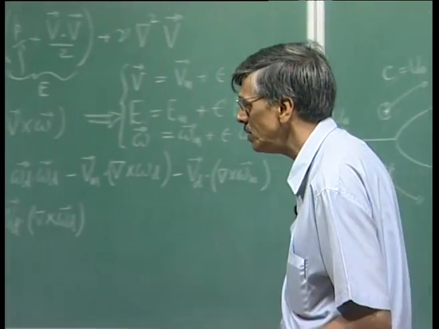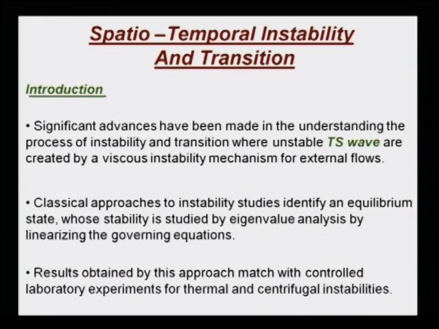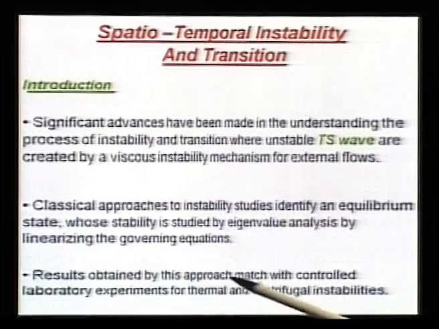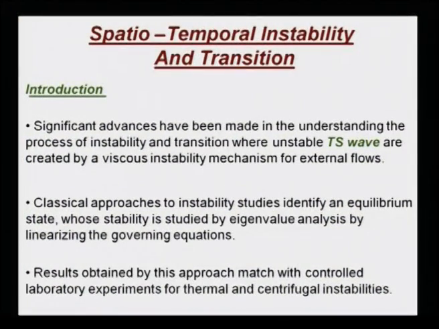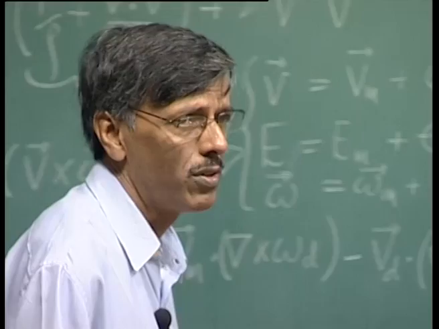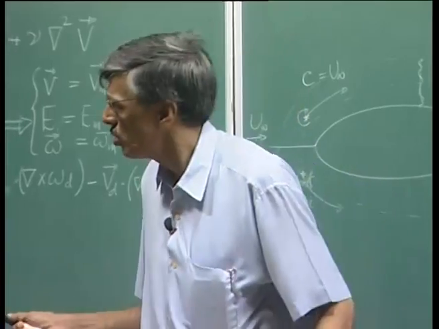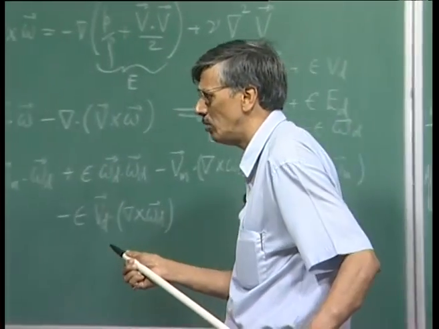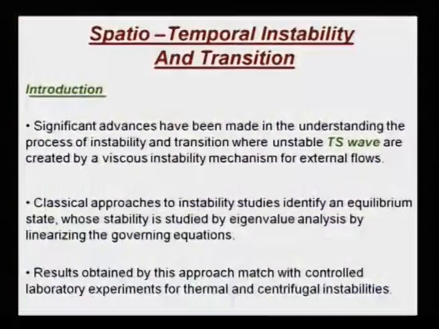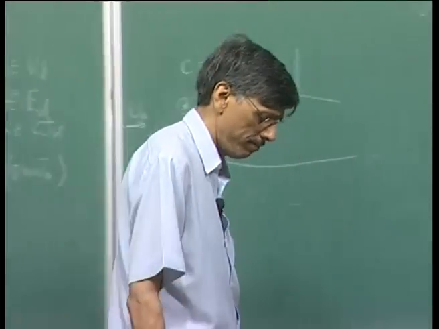If I do some very well designed controlled lab experiment, I can see they actually match quite well, and this is especially true when the forcing is due to thermal forcing, like the Rayleigh-Bénard problem, or some kind of centrifugal instability that we could have, let us say, in a Taylor-Couette flow type of scenario. Those results match the lab experiments; theoretical and experimental results match very satisfactorily.